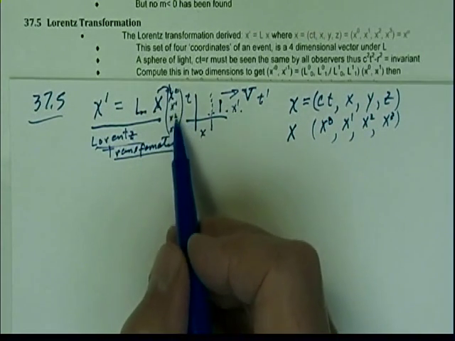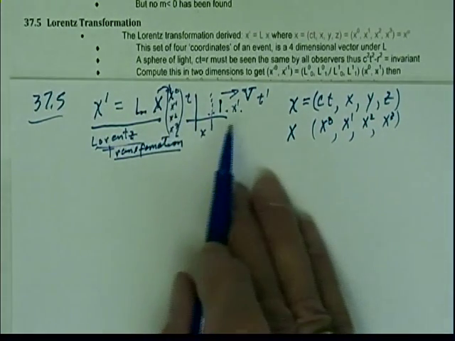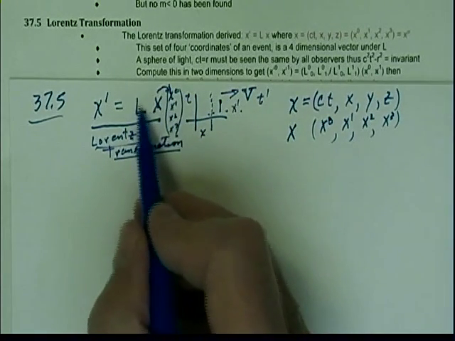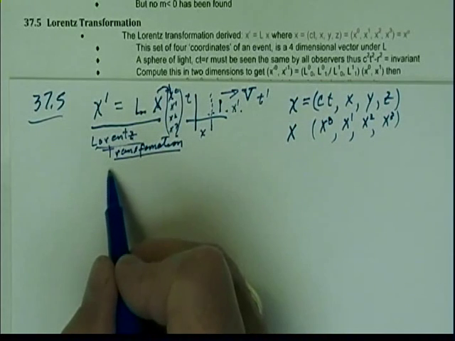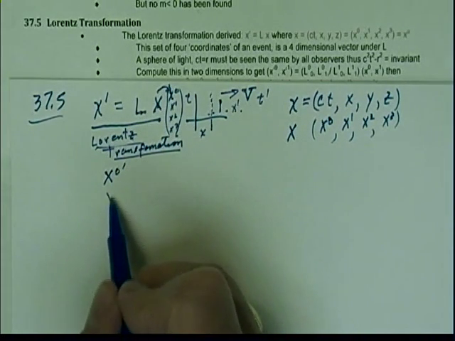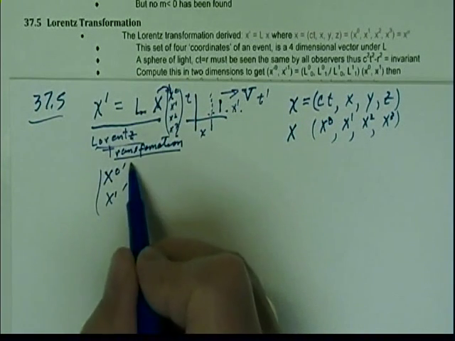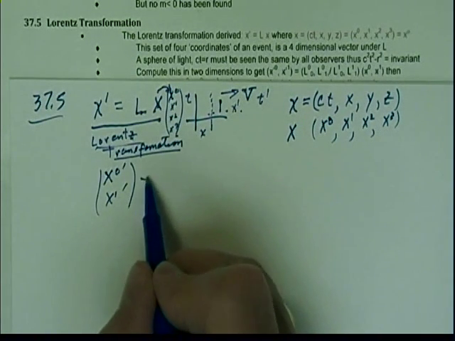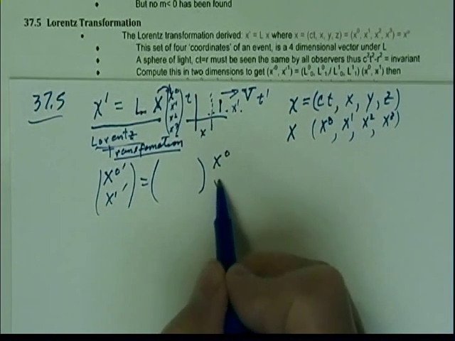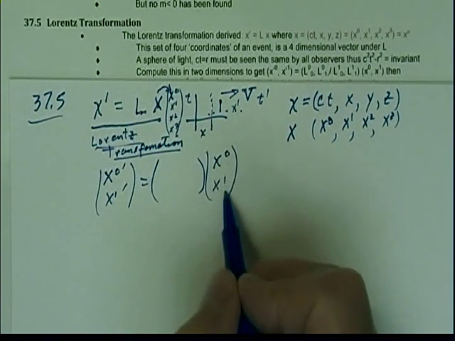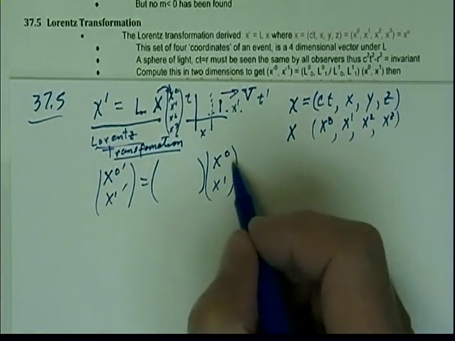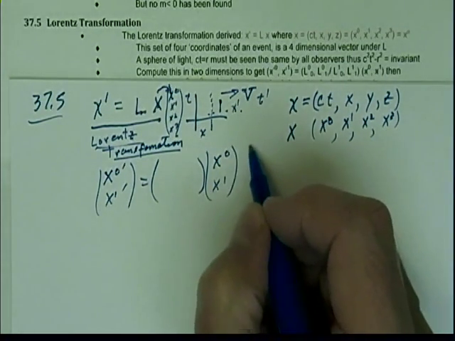I'm going to simplify it by forgetting about y and z and only looking at the x direction with time. And if I do that, this becomes 2-dimensional, and I get x prime, which is x0 prime and x1 prime. This is to the moving guy, and that's going to equal a matrix times x0 and x1, the time and the position for the guy who's sitting on the ground. You remember this x0 is actually c times t.